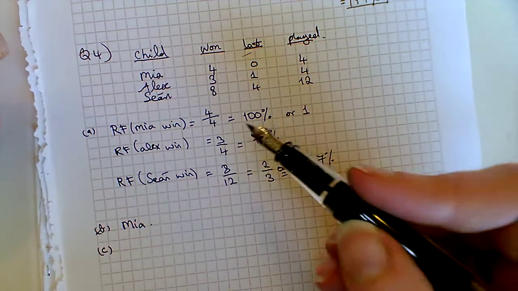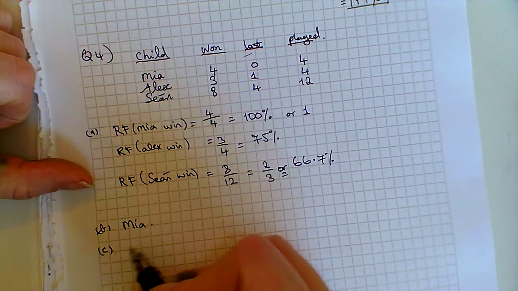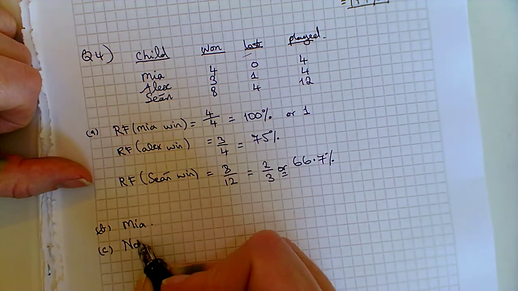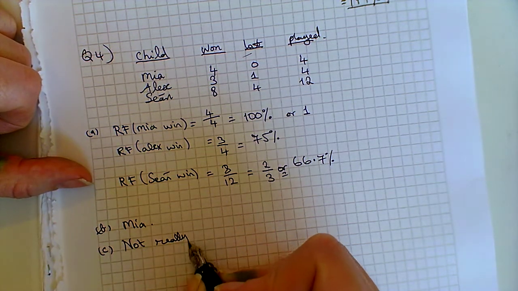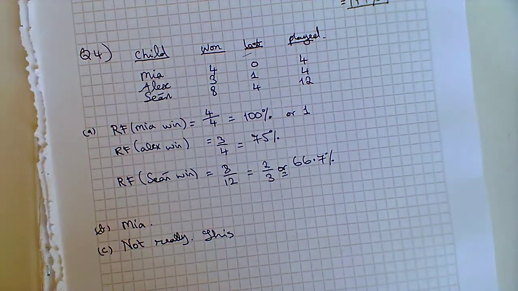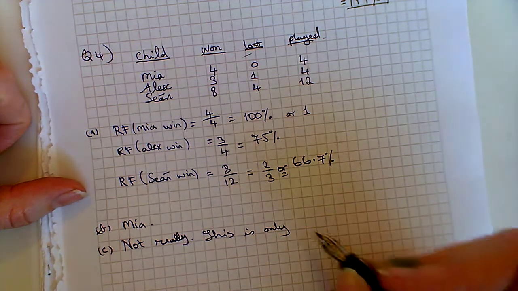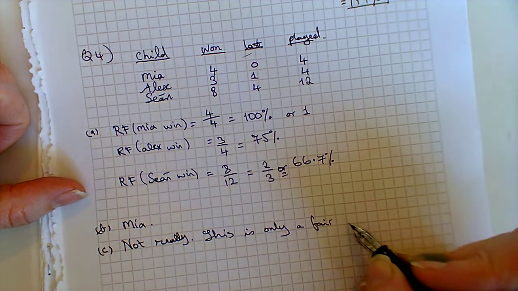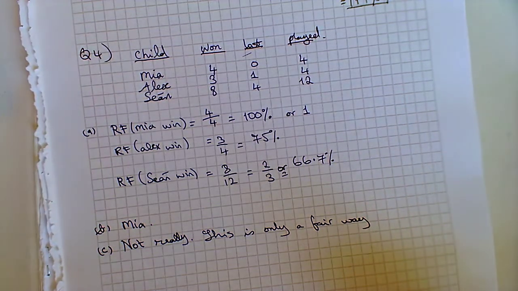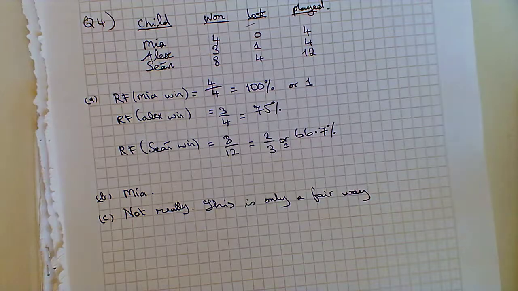Maybe. The thing is, Sean won more games. He won 8 games. I think I would say not really. This is only a fair way of comparing if they all play the same number of games. Because Mia might play another 8 games and lose them all, and then she would have a relative frequency lower than Sean, and we just don't know.